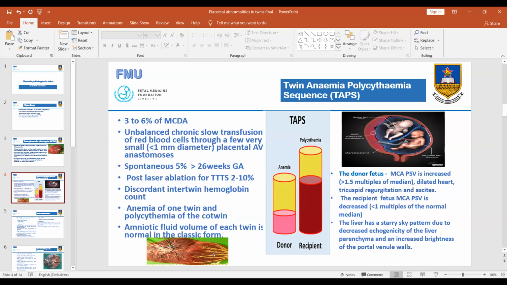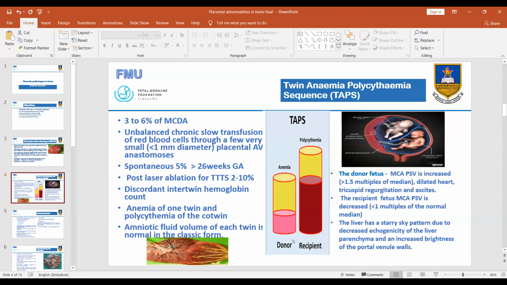The twin who is losing blood becomes the donor twin, and the twin who is receiving blood becomes the recipient twin. Like what is illustrated in this image, the main problem is the transfer of red blood cells from one fetus to the other. And in the end, we end up having an anemic fetus and also a polycythemic fetus.